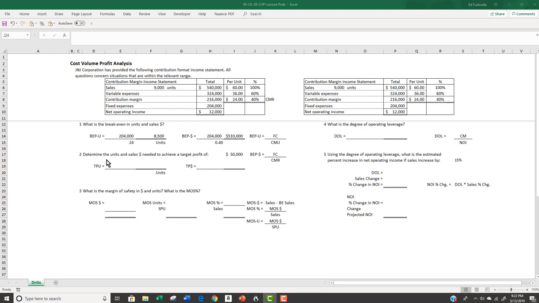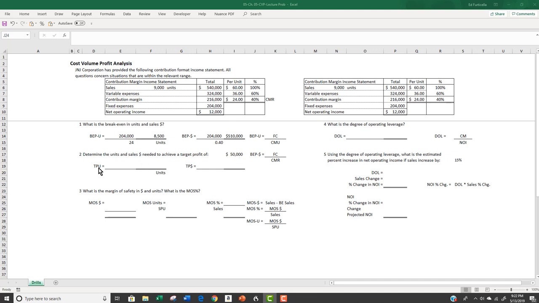For J&J, the total profit goal was $50,000. This means that J&J needs to know the units to be sold or the sales dollars to cover both the total fixed cost of $204,000 plus an additional $50,000 in profits.